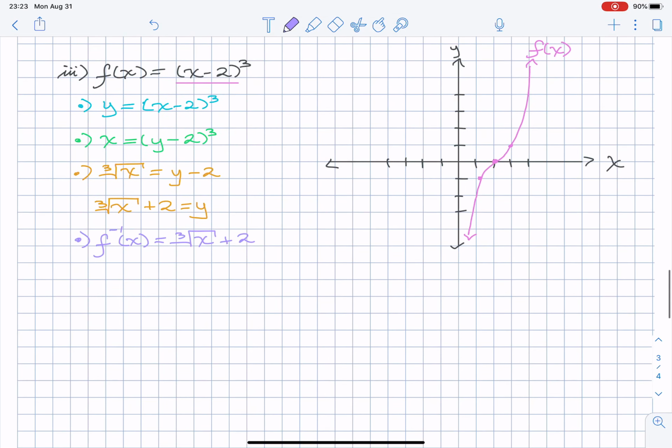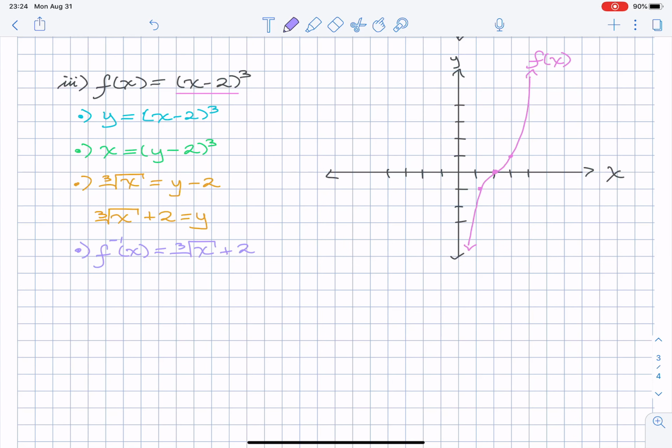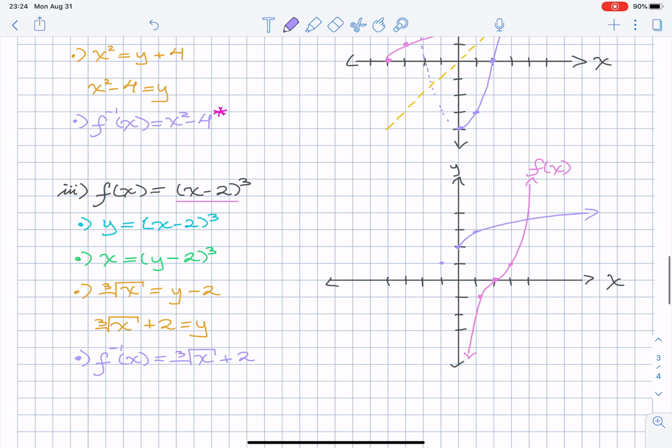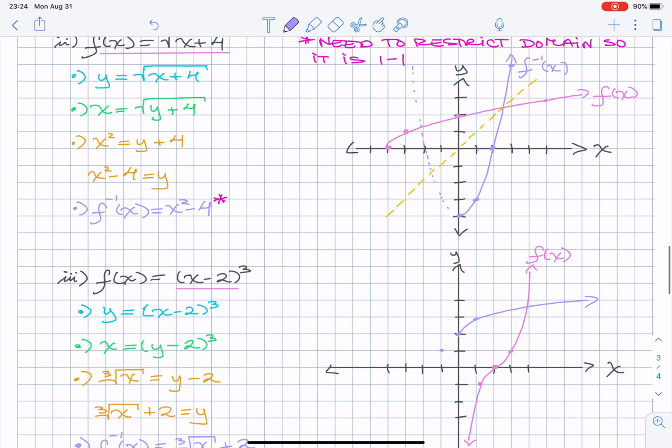Whereas I have a shallow S-shaped graph here for the inverse, shifted up 2. So that's going to look something like that.